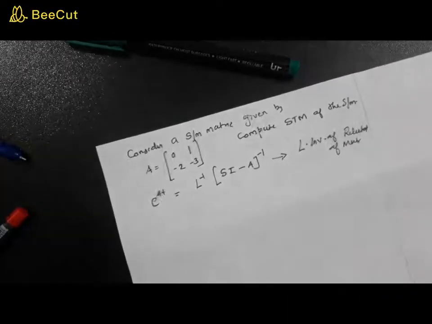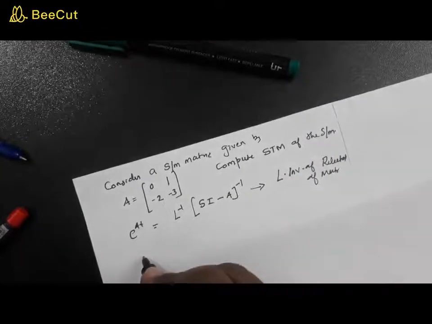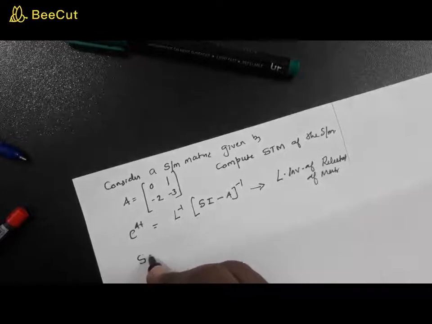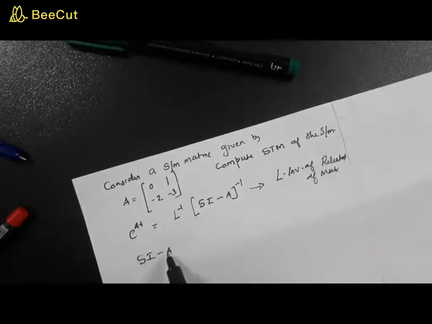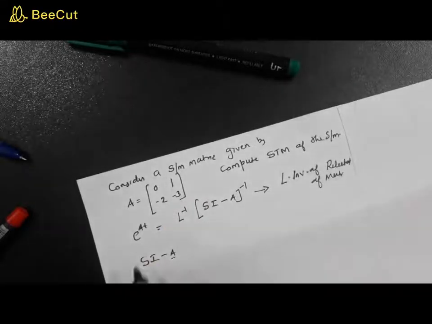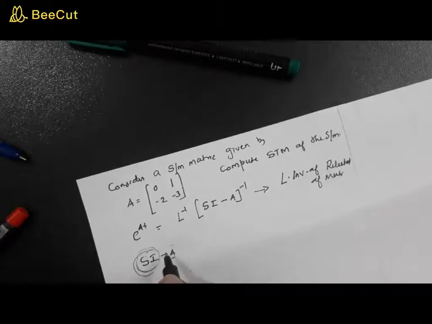So first of all, what you want to find out is sI minus A. Now this quantity you will be obtaining by using this. A is a matrix, so definitely this has to be a matrix, and this matrix has to be the order of this matrix, because this is a subtraction.